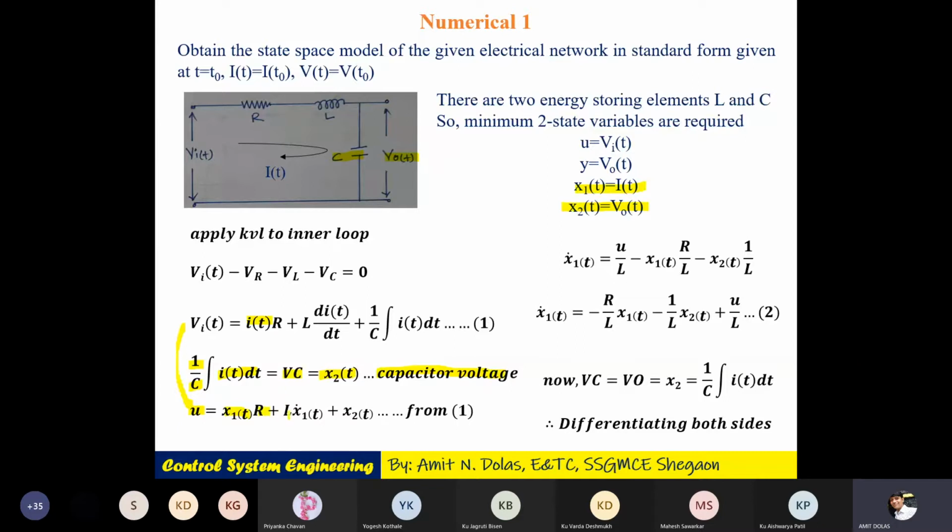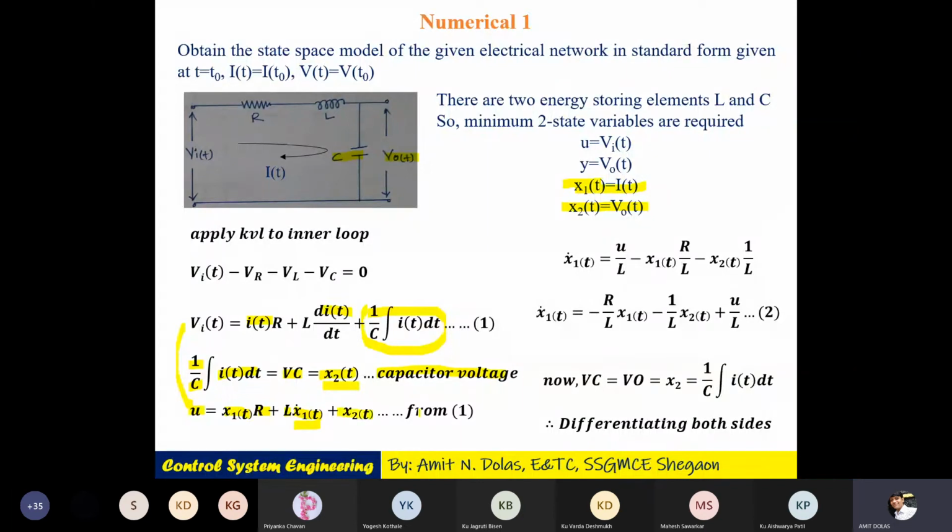Then R as it is. L di of t, what will it be? d i of t is nothing but d x1 of t by dt. So I will write x dot 1 of t, that is nothing but the derivative of x1 of t, plus 1 by C integral of i dt is nothing but x2, as we already mentioned earlier.